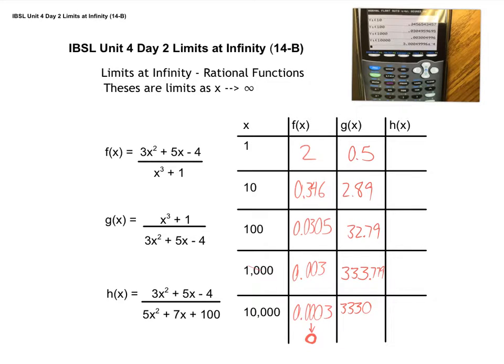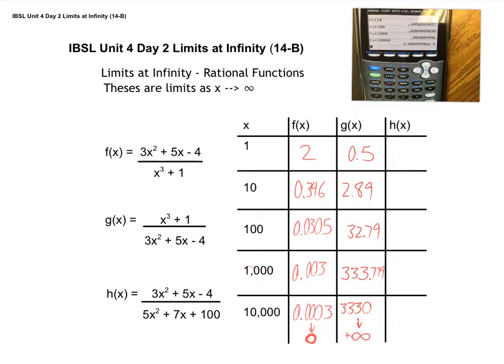So what do you see is happening to this number? It's going up. It's going up, all right? So if we kept punching in bigger and bigger and bigger numbers for x, what will probably happen? It'll get to infinity. It'll go towards infinity, right? Oh, that's what you mean for the previous one. We did f of x.